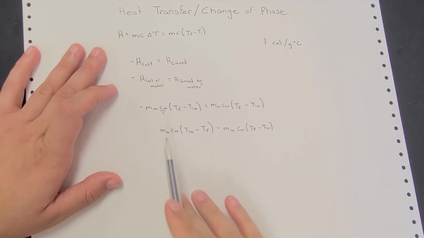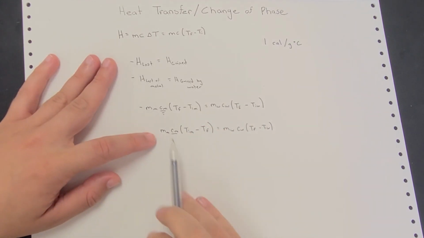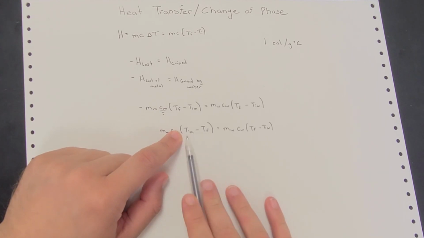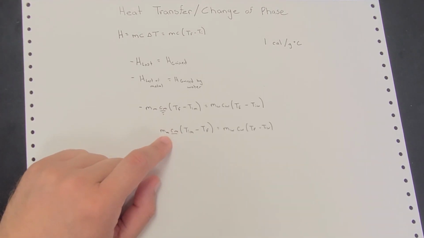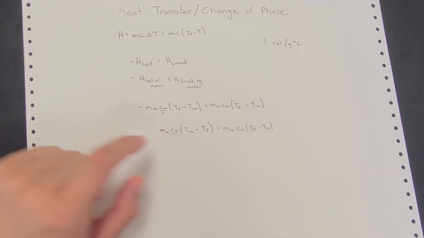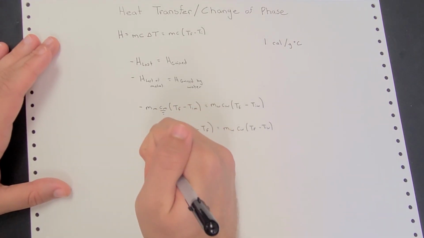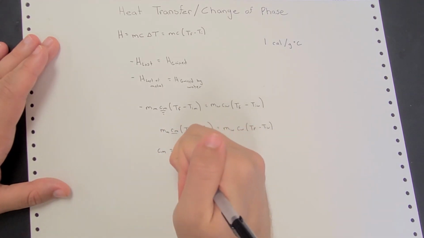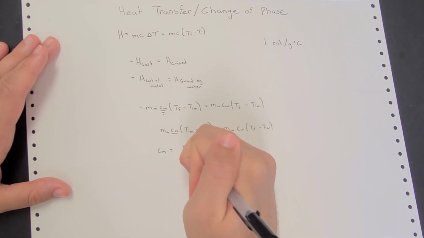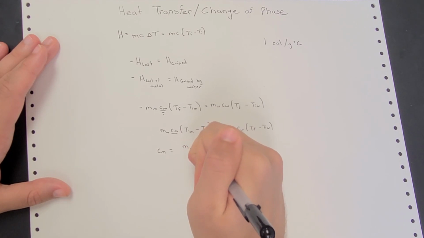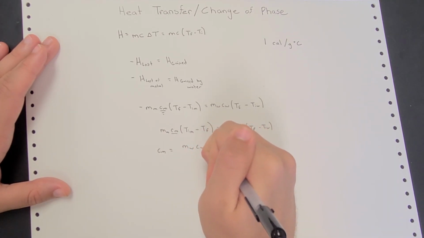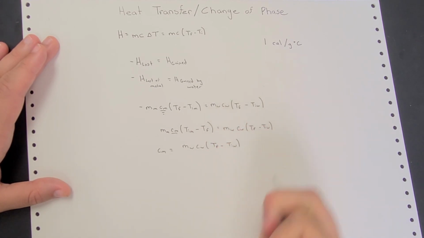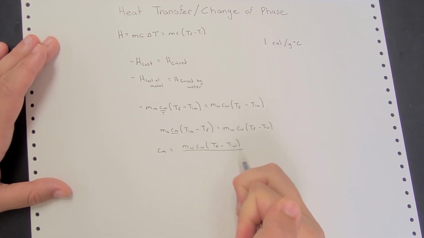All right, and now to get Cm by itself, I have to divide both sides by the mass of the metal, and I have to divide both sides by this difference in temperature here, and that would give us this specific heat of the metal by itself. So let's do that. That would leave us with our final equation for the specific heat of the metal, times the change in temperature of the water, all right, divided by, now, right?